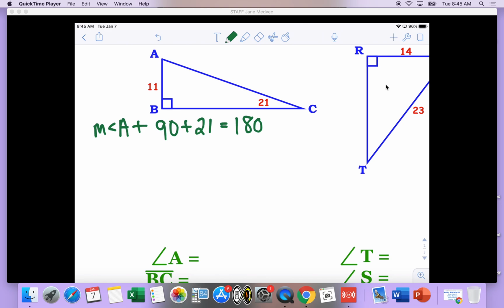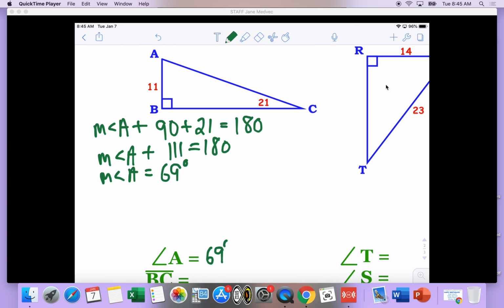So the measure of angle A plus 111 equals 180. The measure of angle A is 69 degrees. So then I'm going to come down here and write 69 degrees.